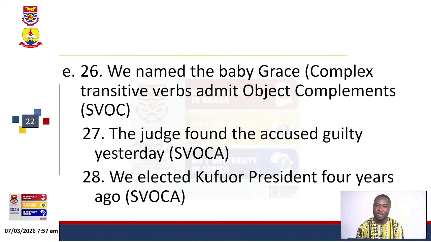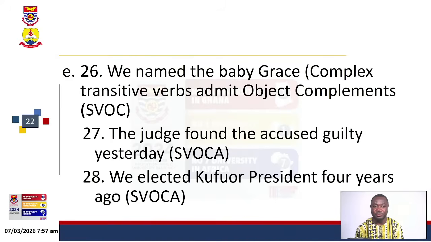The baby is Grace, and Grace is the baby. SVOC. So where is our S? We. Where is our V? Named. Where is our O? The baby. Where is our complement? Grace.